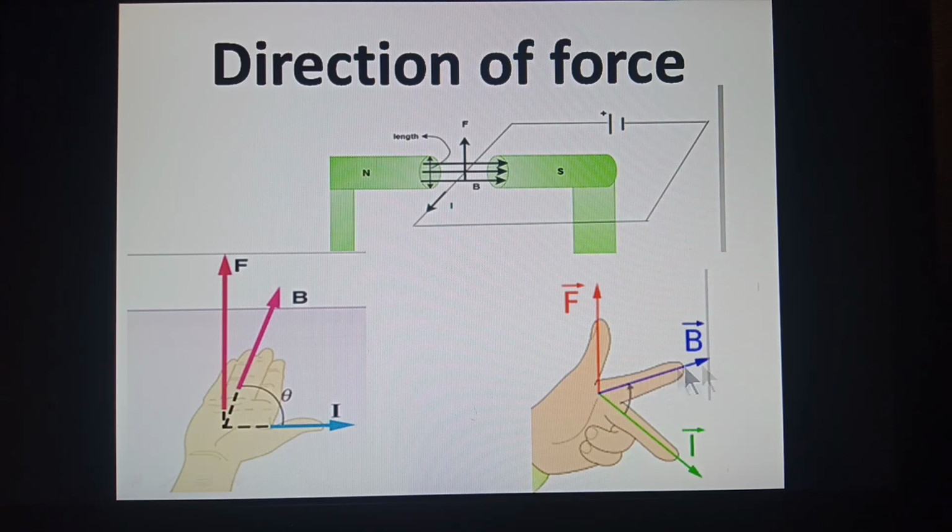First finger points in the direction of magnetic field, middle finger in the direction of current, then thumb of the left hand points in the direction of force. Either you can apply this rule or the palm rule to find the direction of magnetic force exerted by magnetic field on a current carrying wire. Students, this is all about the force exerted by magnetic field on current carrying conductor placed in it.